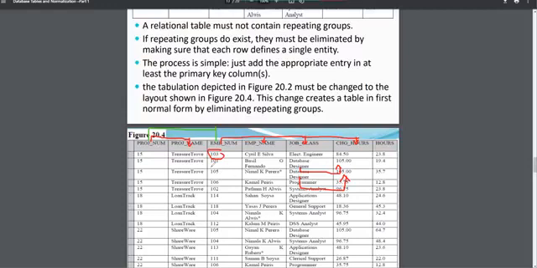And the hours mainly depend on both parts of the primary key, that means employee number and project number.